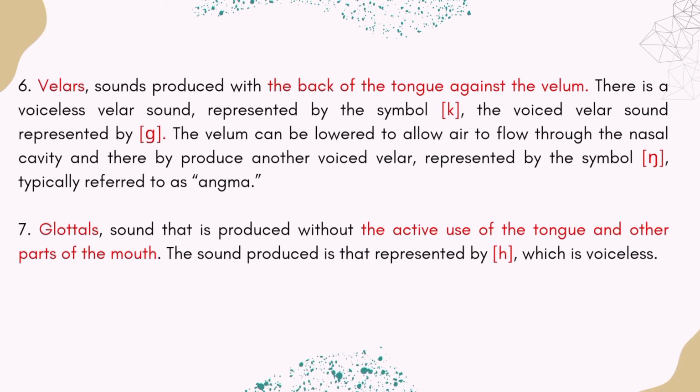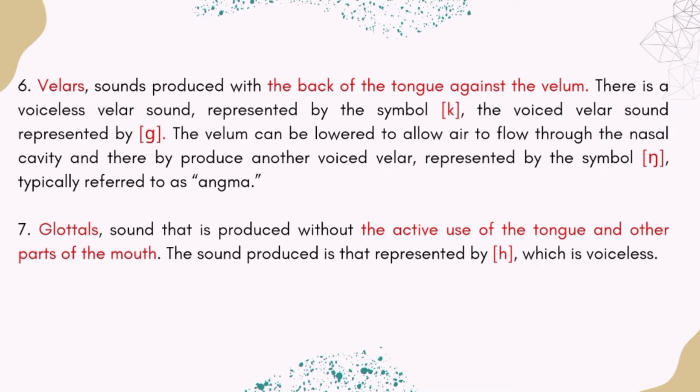Number six, velars. Sounds produced with the back of the tongue against the velum. There is a voiceless velar sound represented by the symbol k. The voiced velar sound is represented by the symbol g.